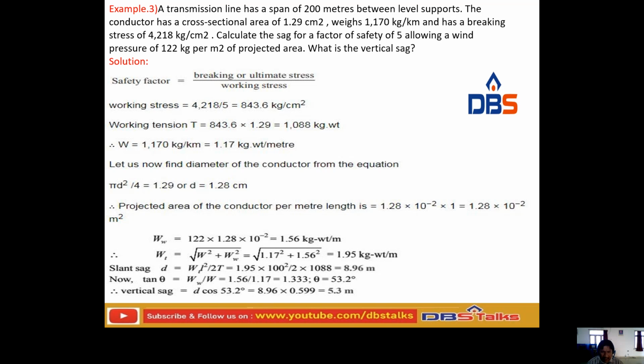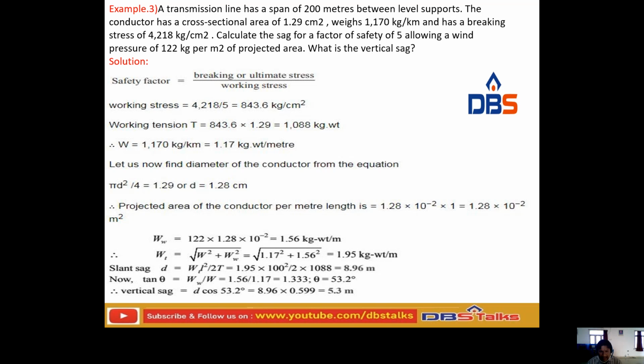But they have clearly given the cross-sectional area, so working stress multiplied by cross-sectional area, 843.6 multiplied by 1.29, is equal to 1088 kg weight. So W, they gave per kilometer, right? 1170 kg per kilometer, but we want meter, that's why divide by 1000, so that is equal to 1.17 kg weight per meter.